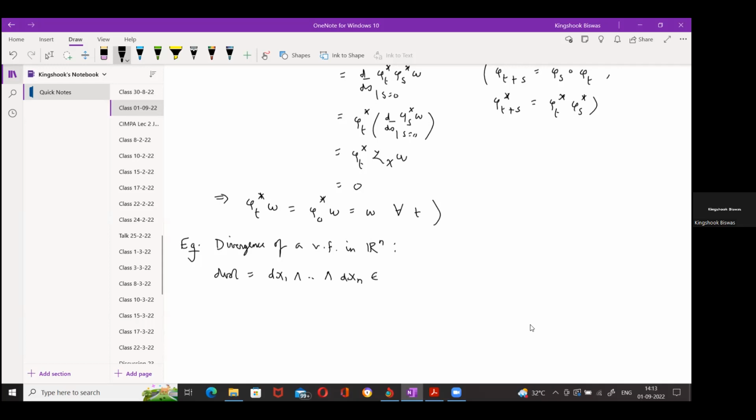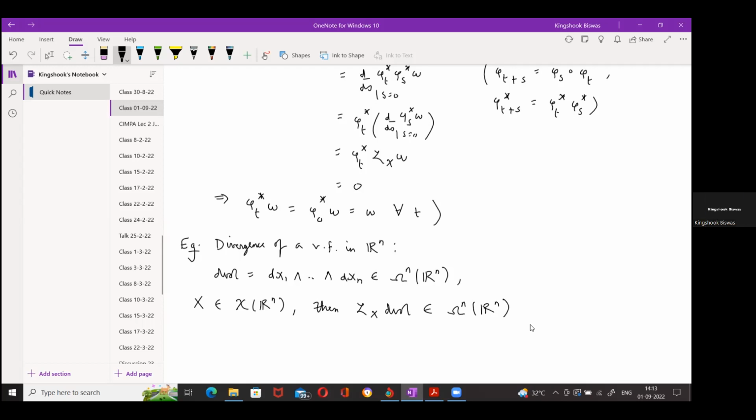So this is an n-form on R^n. And so if I take any vector field X on R^n, then L_X of dvol is also going to be an n-form on R^n.